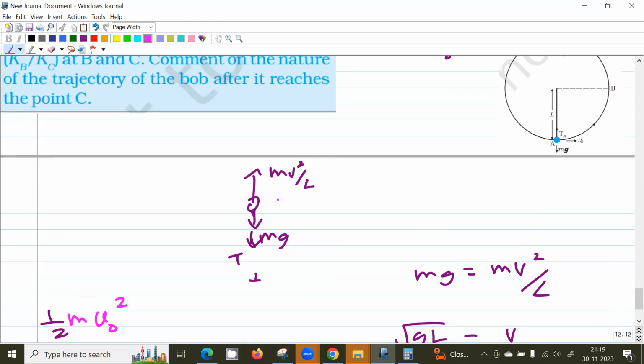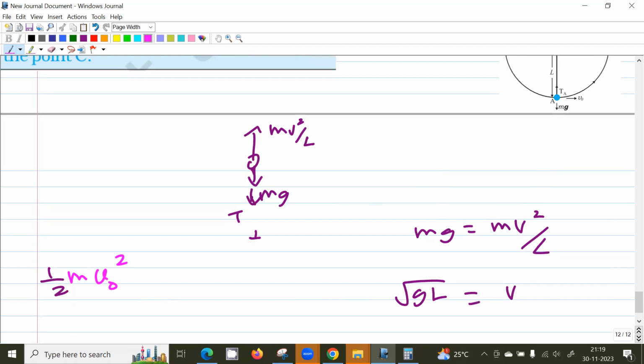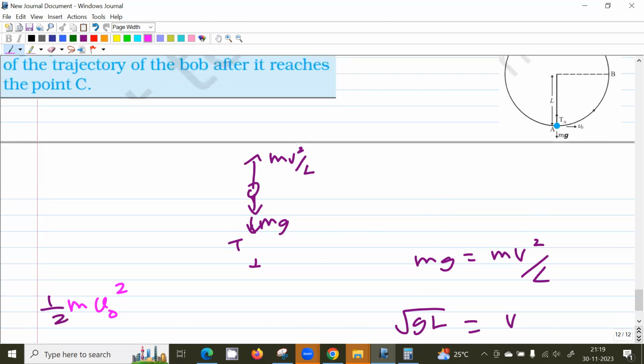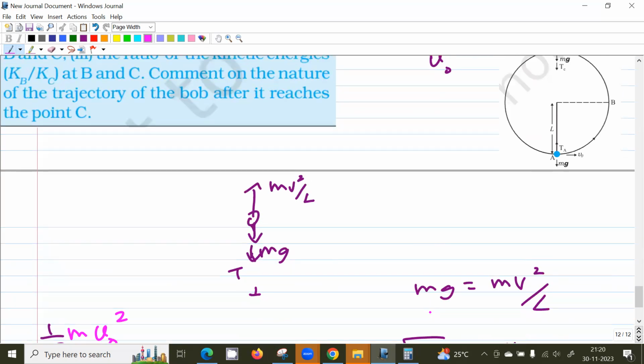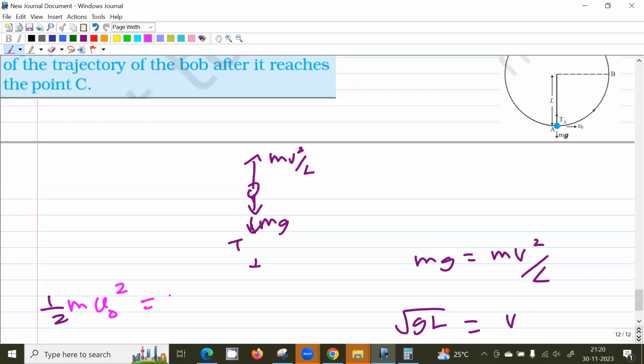If tension is 0, means these two are balanced, right? mg and mv square by L. From this I get the v as square root of gL. Okay. So energy at the bottommost point is half m V naught square, and energy at the topmost point is half m gL plus the potential energy, which is mgh, which is 2L.